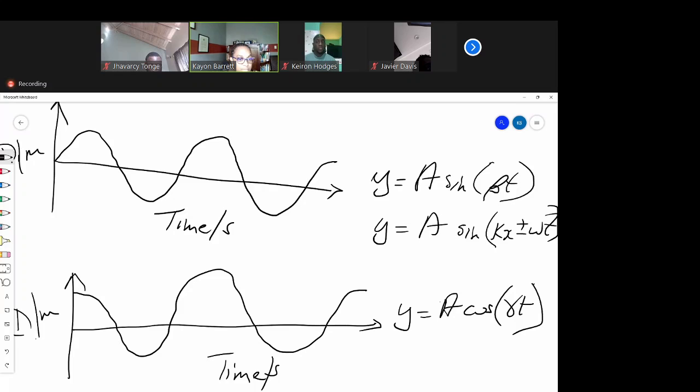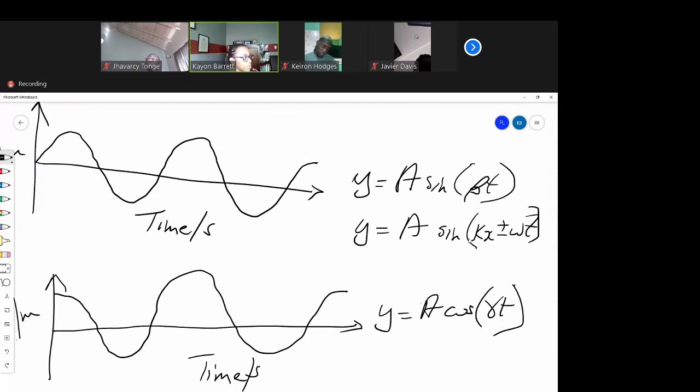All right. So in this case, you would notice that as you move to a particular position away from the source, the displacement of that particle at that position will change with time. So that is why for the sine, it goes further to be a function of the position away from the source in terms of the displacement, and the displacement is also a function of time, right?